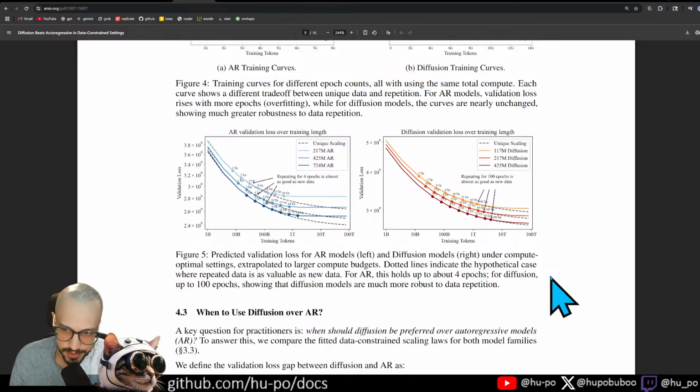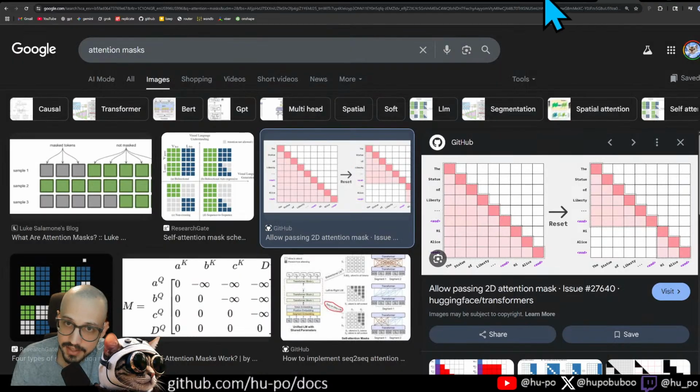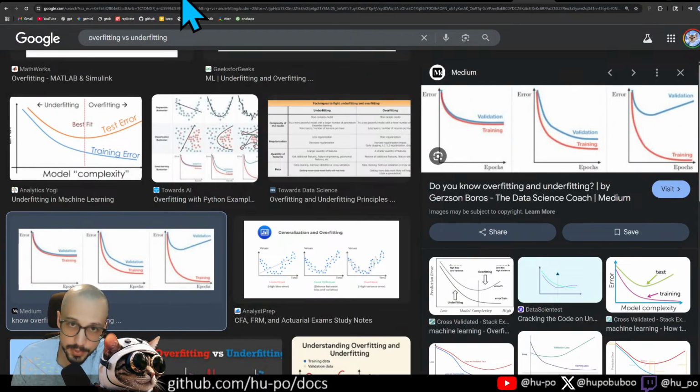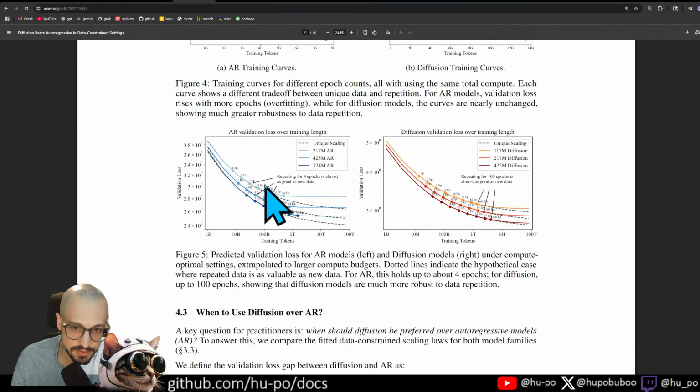Okay, here's the diffusion models. You can see how this flattens out. So as you get more and more epochs, you start to get to this point of diminishing returns. And eventually this would turn upwards, right? So here you see how they make it go flat? It probably would go up, right? It would probably look more like this, where it would start going up at the end. So even in this paper, the extrapolation is likely incorrect, right?